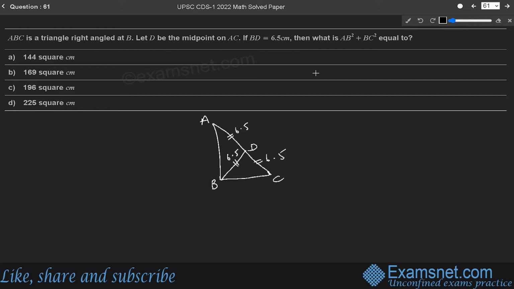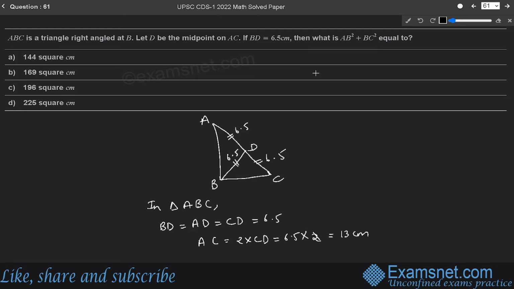We know that the midpoint of the hypotenuse of a right triangle is the circumcenter of the triangle, and all the vertices of that triangle are at an equal distance from the circumcenter. Therefore, AD is equal to CD. Now, according to this concept, in the given triangle ABC, BD = AD = CD = 6.5. Therefore, AC will be 2 into CD, which is 6.5 into 2, equal to 13 centimeter.